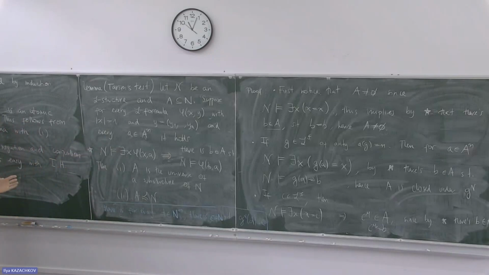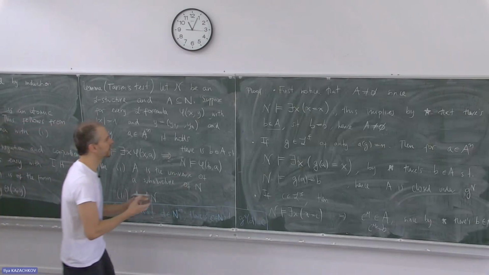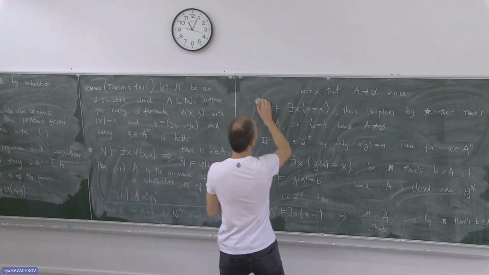And then it remains the case where we have the existential, and this is exactly where the star comes into play again, right? So if now phi of x is of the form there exists y such that theta of x y, then we use the star.